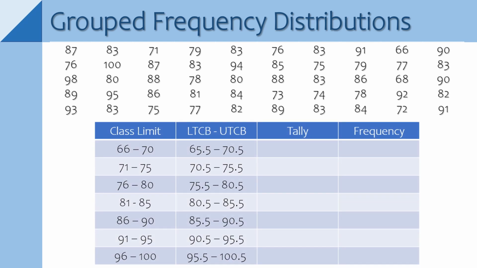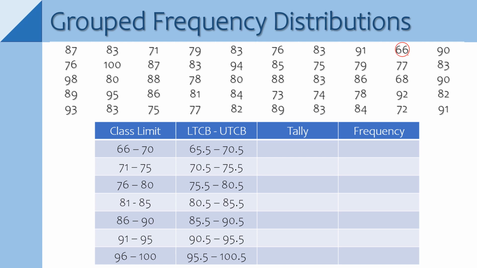In tallying, we just simply count the numbers from 66 to 70. So from here, bibilangin natin kung ilan yung nasa range or interval na 66 to 70. Okay, so analyze natin isa-isa per column. So we have here 66.